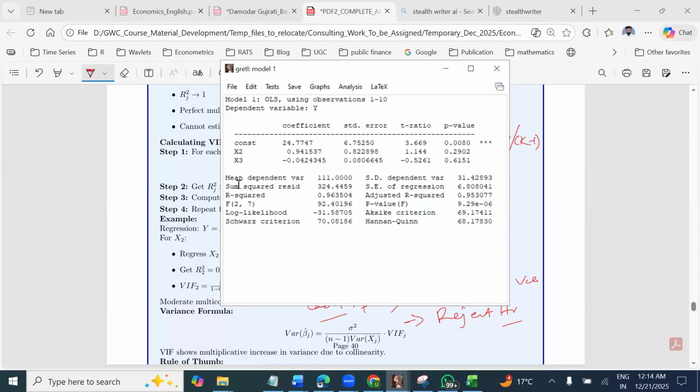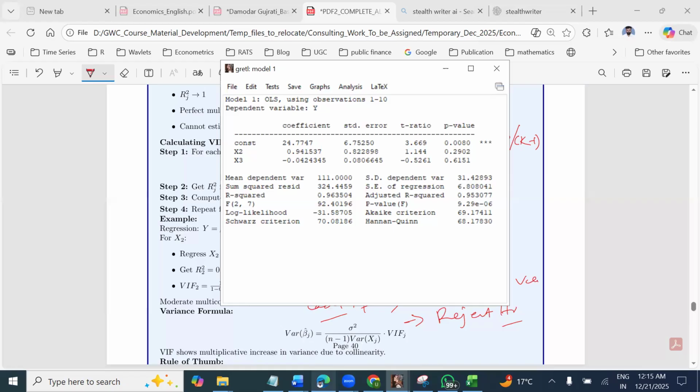Are you getting my point? The degrees of freedom for the explanatory variable is k minus 1. In the three variable case k is 3, right? I told you. Now we can check also. So 3 minus 1 will be 2.